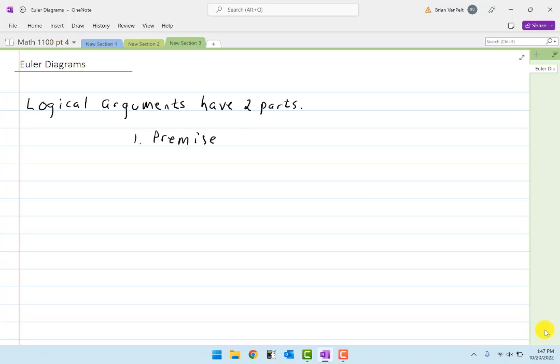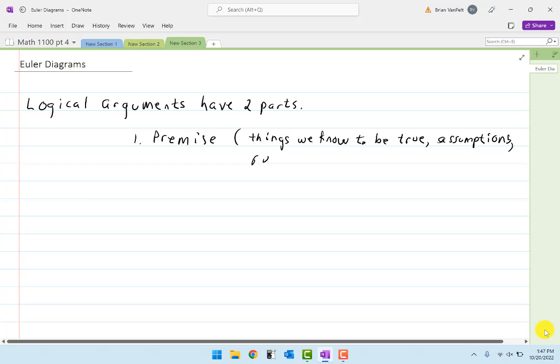This would be things that we know to be true. Any assumptions are up here. Assumptions are things that we're assuming to be true. Rules, whatever. There's a whole collection of things that could be here that indicate why something should be true. So we use any of those for our premises.